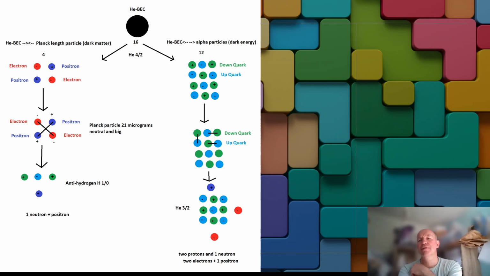The lens of singularity physics provides a way of understanding the background calculations for the universe, that quantum background energy level of 1e to the negative 120.